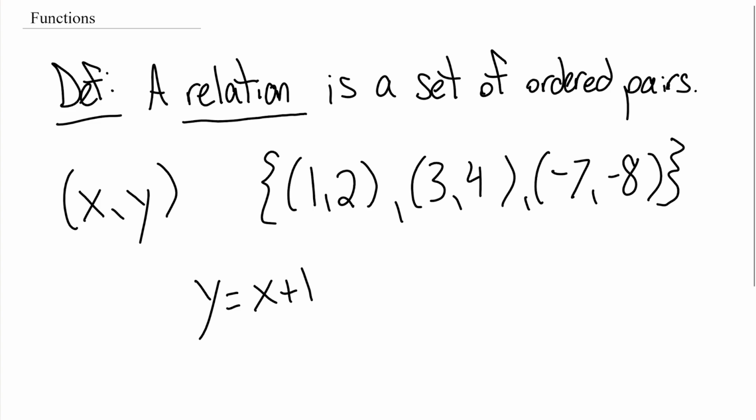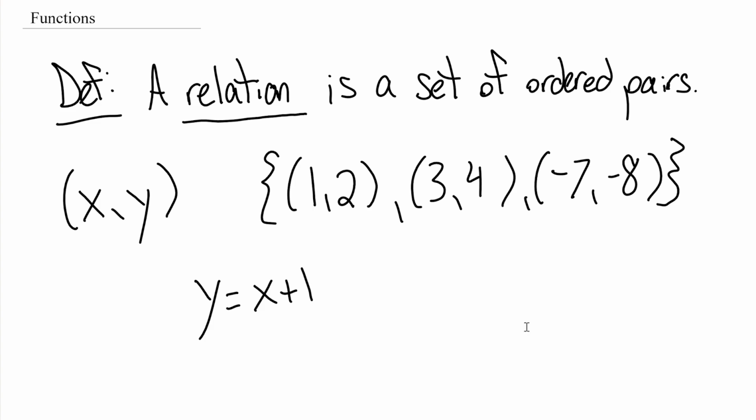So to find the y value, you look at all the possible x values and you add 1 to them. So these would both fit the definition of a relation. The first one has 3 ordered pairs, and so it is a set of ordered pairs. The second one has an infinite number of ordered pairs, so it's still a set of ordered pairs.